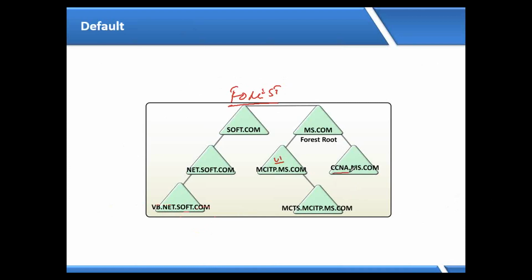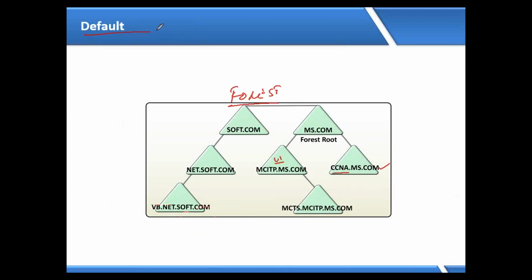He wants to log into this domain. According to our discussion, if a user from one domain wants to log into another domain, we need trust. Then only he can log in. Right now, according to this diagram, a user from mcitp.ms.com can log into ccna.ms.com, because within the forest there is a trust called default trust. We don't need to configure anything. Any user can log into any domain.